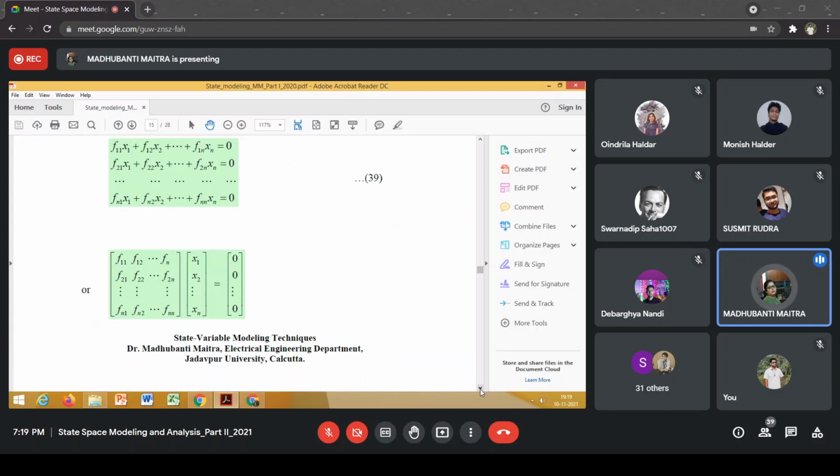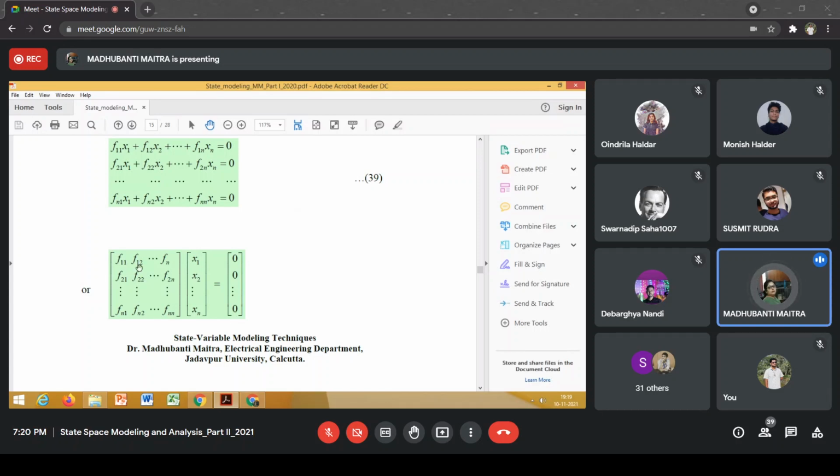Now in vector matrix form, these equations can be represented as one n by n matrix multiplied by a column matrix having elements x1, x2, xn, and in the right hand side we'll have another column matrix having elements which are all zeros.